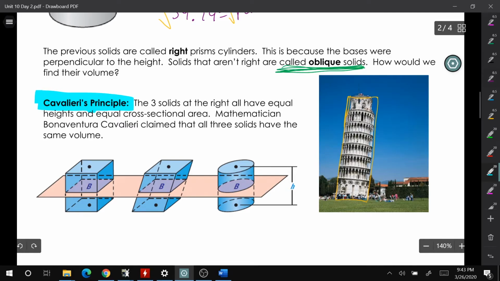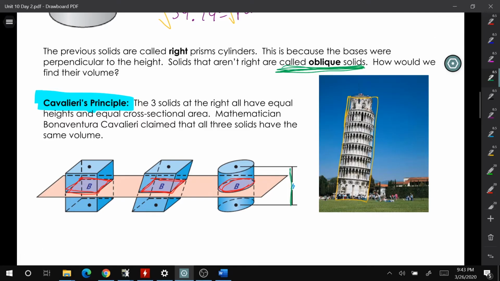And what that states is that if you have multiple shapes that have the same cross-sectional area, meaning the area of these cross-sections that I'm highlighting are the same, and the height is also the same, then the volumes are the same.